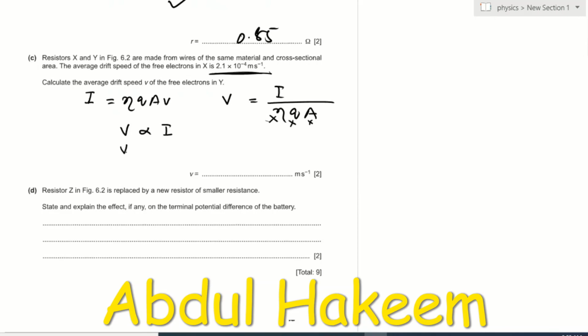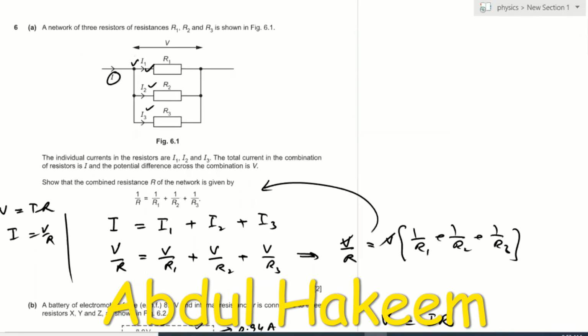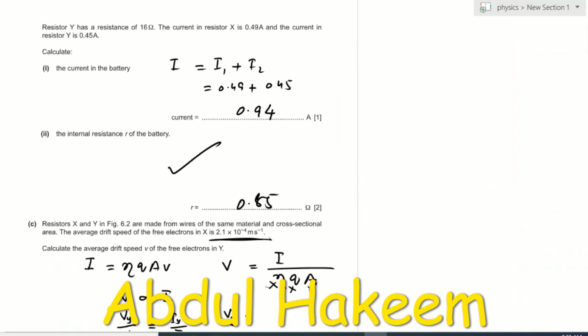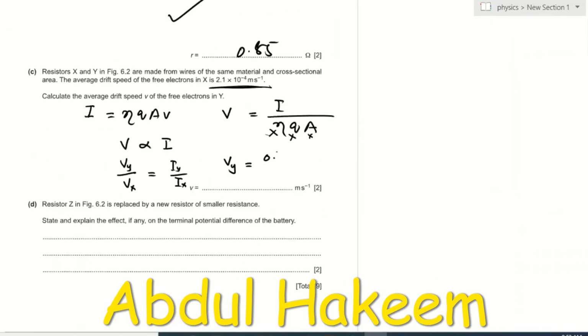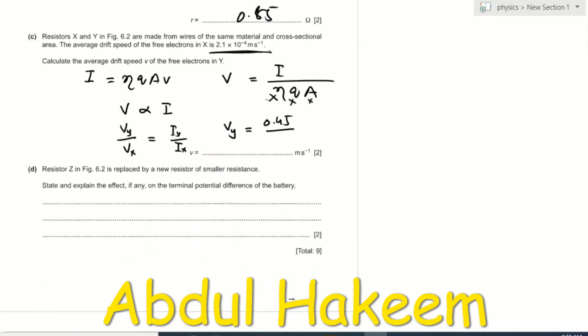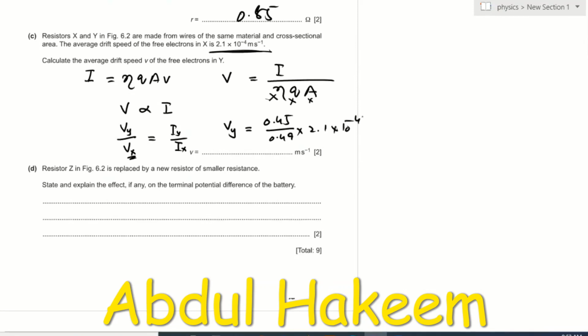So hence we can write drift velocity of Y divided by drift velocity of X equals current of Y divided by current of X. So Vy is equal to the current in Y, which is 0.45, divided by the current in X, which is 0.49, multiplied by the velocity of X, given as 2.1 times 10 power minus 4.